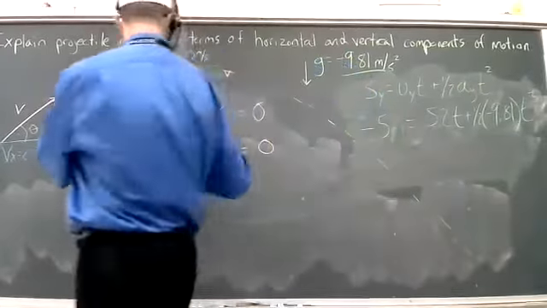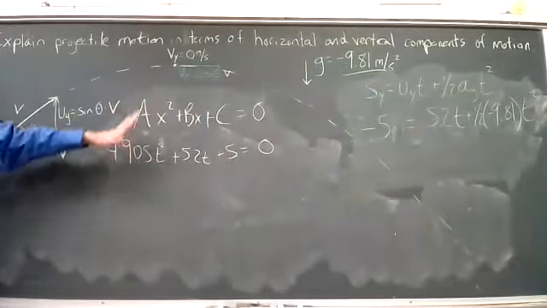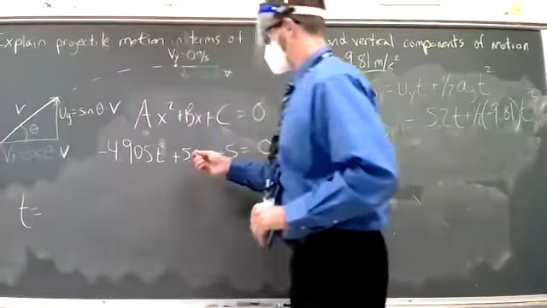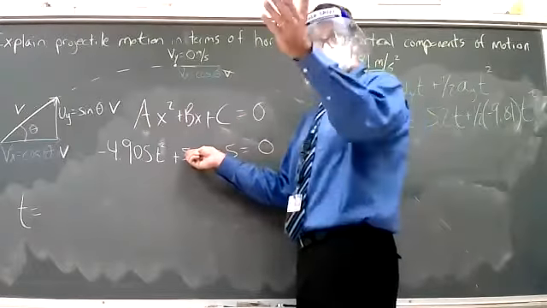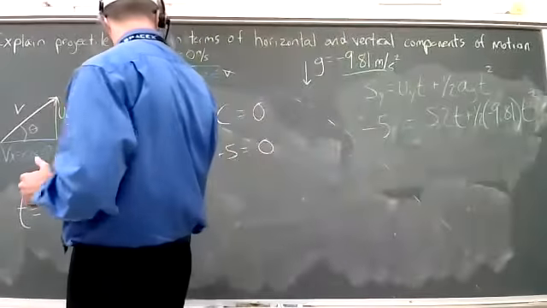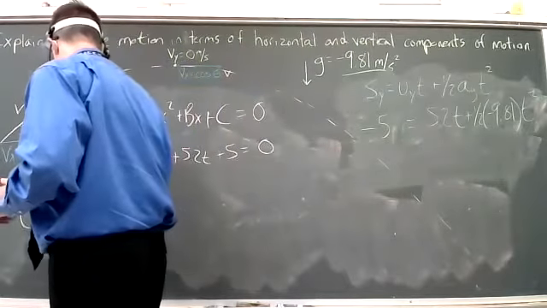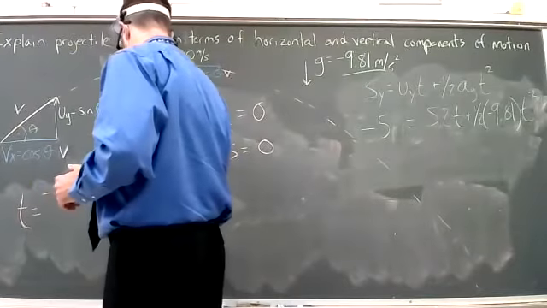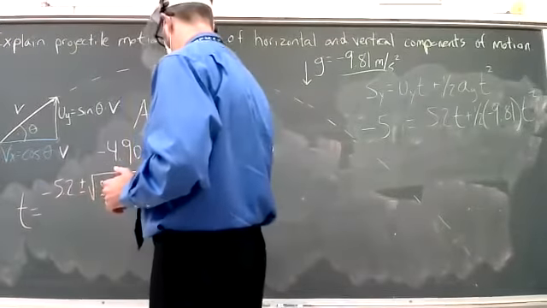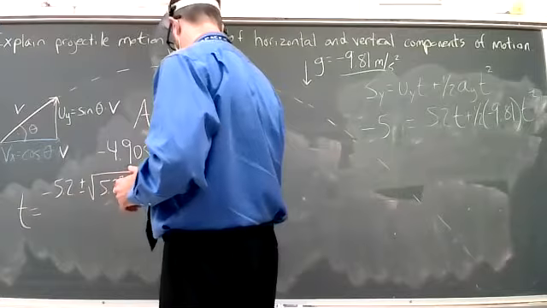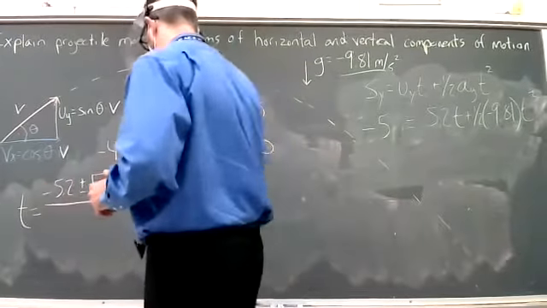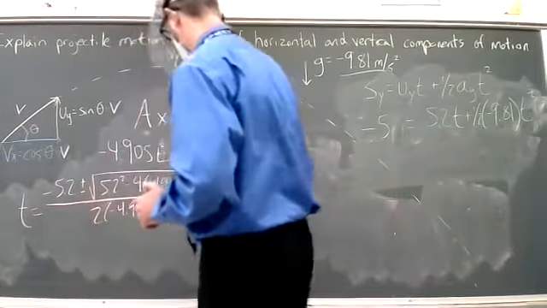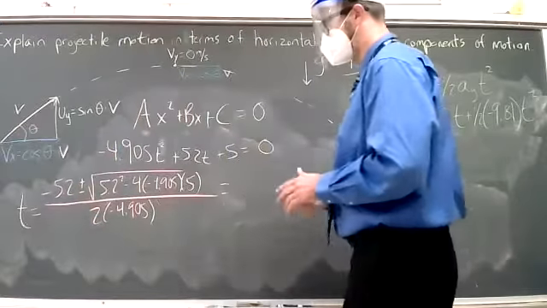It's easy to correspond these coefficients. So t equals negative b, or opposite b, plus or minus the square root of b squared minus 4 times a times c, all divided by 2 times a. So that's what we need to solve.